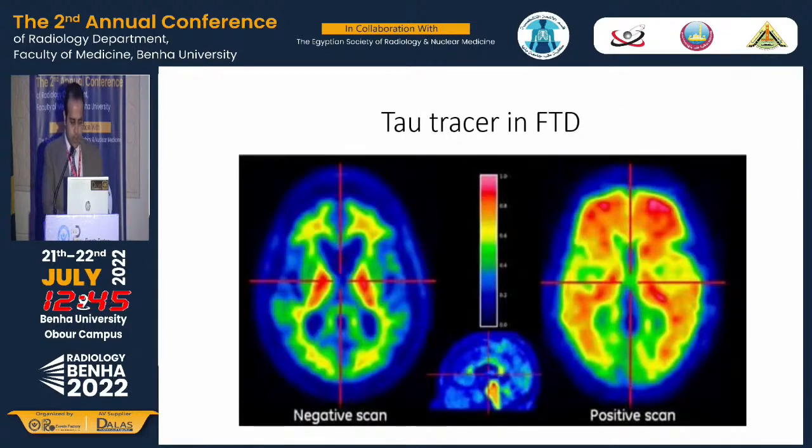The third tracer is tau tracer, the same principle as amyloid. We are targeting the deposition of abnormal tau. To the left is a negative scan, and to the right is a positive scan with uptake in the frontal region.